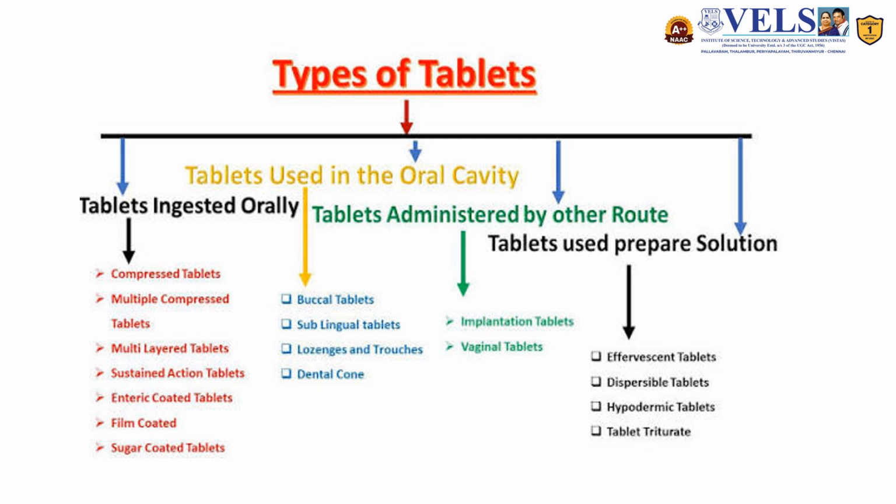Tablets used in the oral cavity: buccal tablets, sublingual tablets, lozenges, dental cones. Tablets administered by other routes: implantation tablets, vaginal tablets. Tablets used to prepare solutions: effervescent tablets, dispersible tablets, hypodermic tablets, and tablet triturates.